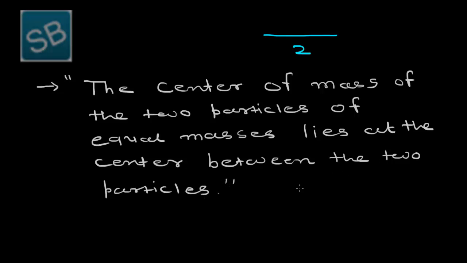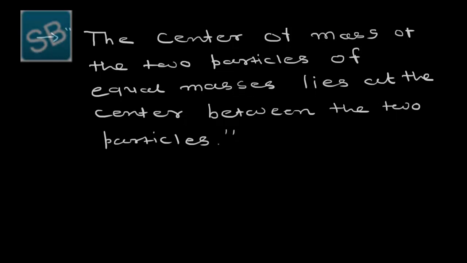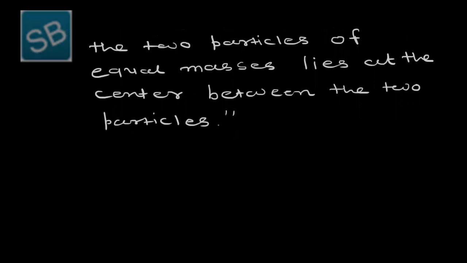Now, so this is just the ending of, we can say, a two particle theory, but if we want to find out for n number of particles, so which particles I can consider? So this journey is for n number of particles.